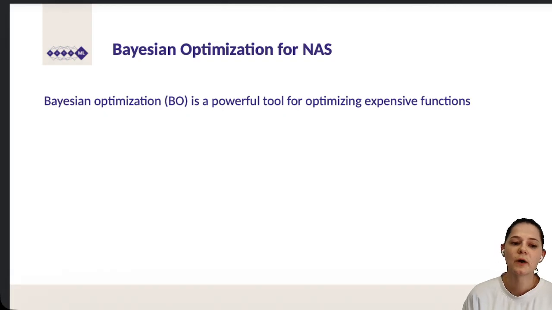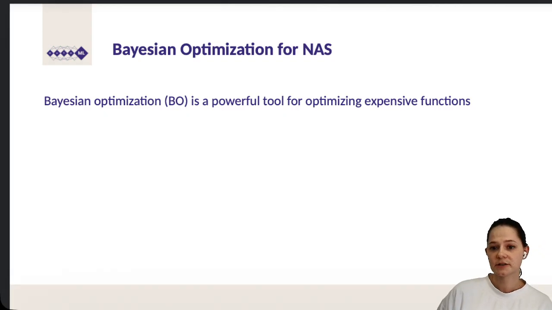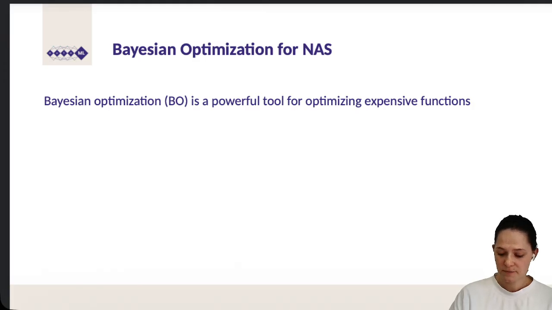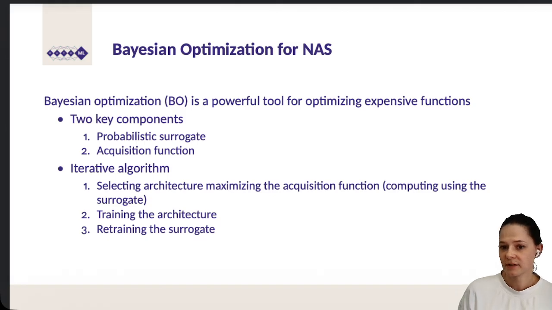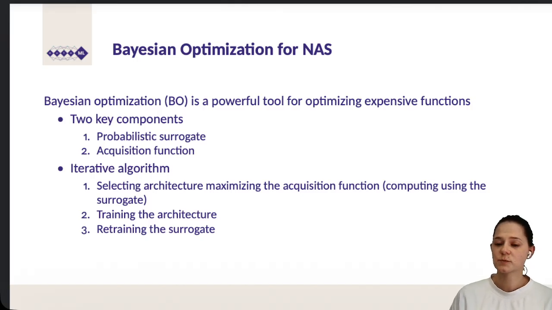Another approach which we also use a lot in neural architecture search is Bayesian optimization, since it's a very powerful tool for optimizing expensive functions. Just as a small recap, Bayesian optimization has 2 key components, a probabilistic surrogate and an acquisition function. It's an iterative algorithm where we select an architecture maximizing the acquisition function, we train the architecture, and then we retrain the surrogate.